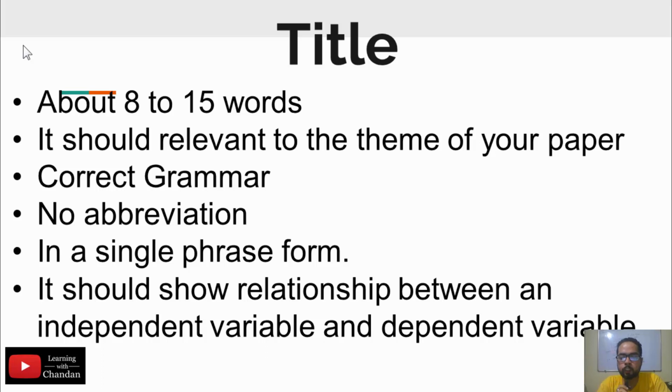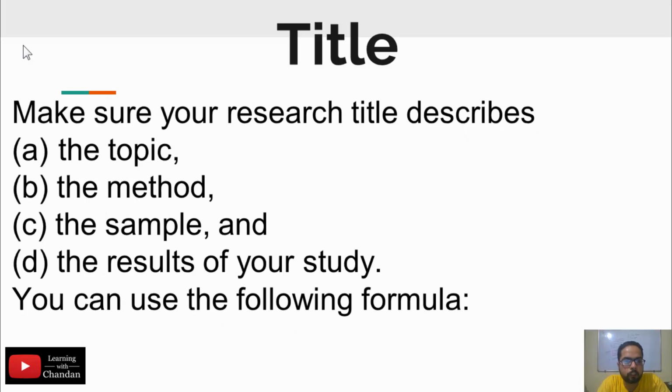Okay, so now we are going to talk about the first thing of a research paper, that is the title. Your title should be 8 to 15 words. The rest of the things you can read from the slide, but I would like to jump to the important part, the trick that I want to share with you.